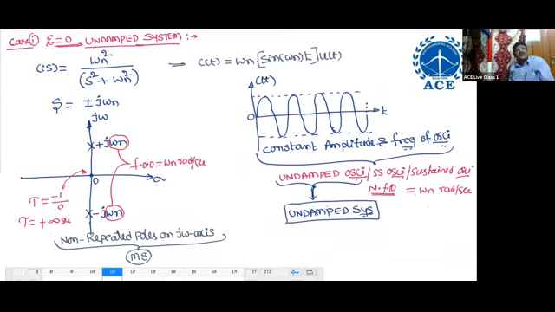When zeta is 0, the poles always lie on the imaginary axis, which are non-repeated, and the system response is constant amplitude and frequency of oscillations, called undamped oscillations. The system is called an undamped system, and it is a marginally stable system. Okay? So write it.